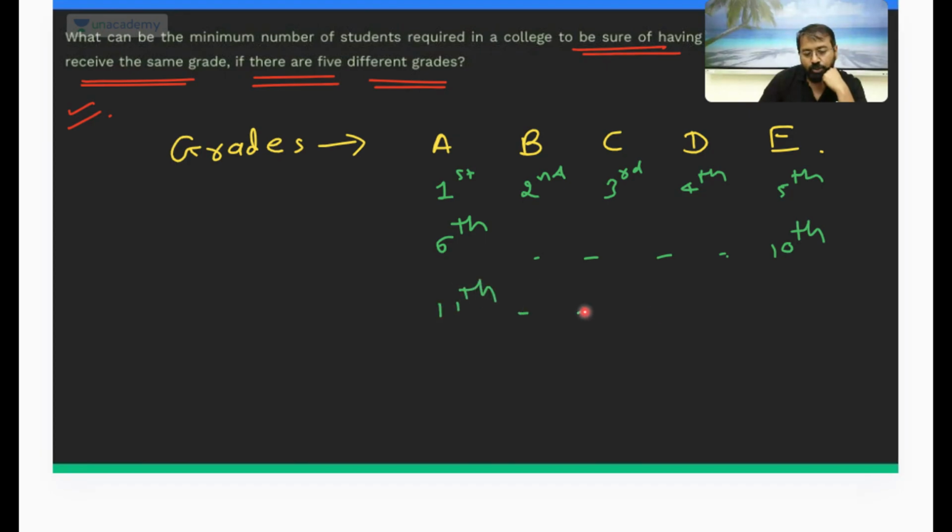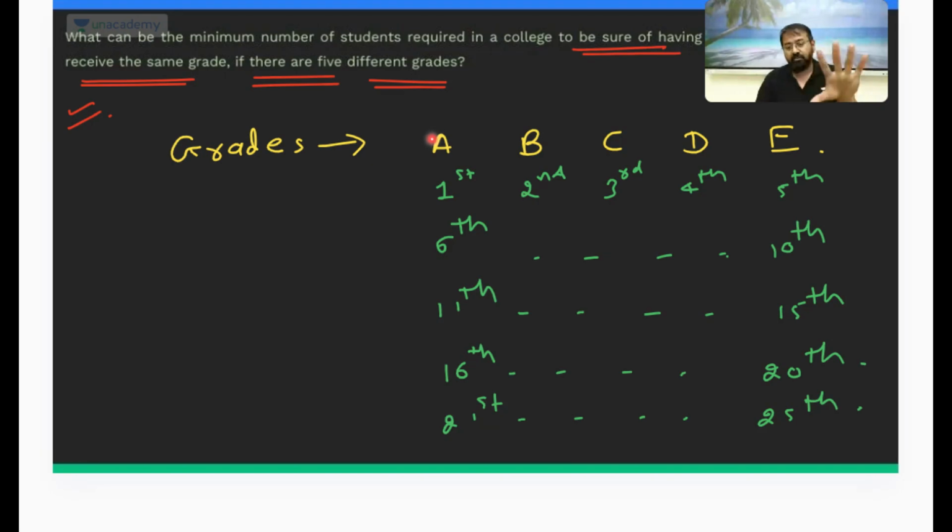Then 11th to 15th once again have grade A to E, 16th student to 20th student has grade E. So guys, up till now, can I say for each grade I have got exactly 4 students? Then 21st student to 25th student, each of them has grade A to E. So now for each grade we have got exactly 5 students, है ना?